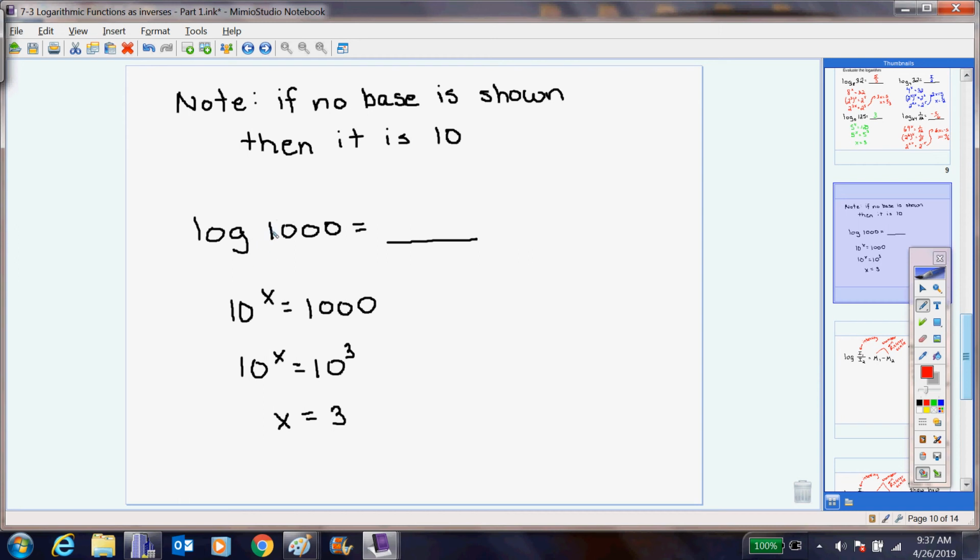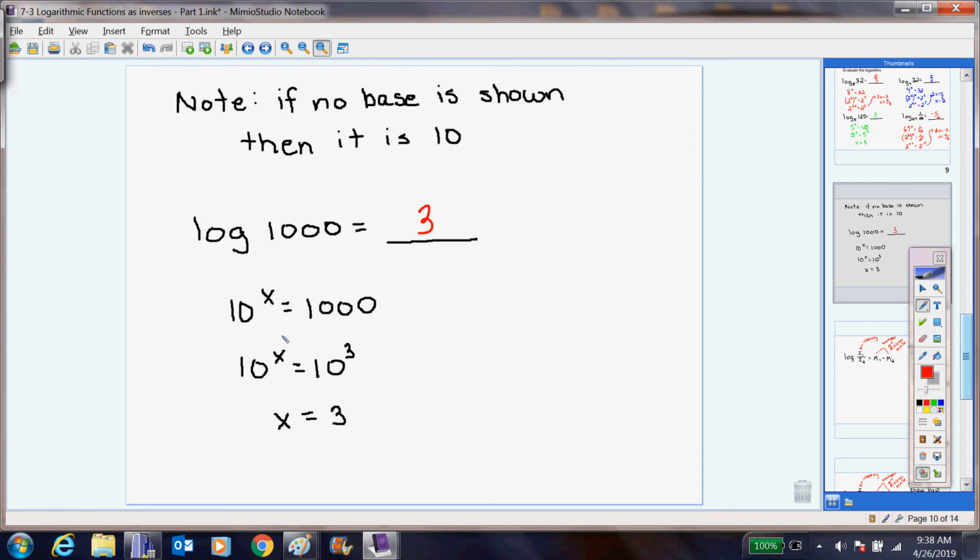It's kind of like a square root where the little index is implied to be 2. If there's no base, then the base is implied to be 10. So the answer to this one turns out to be 3, simply because 10 to the 3rd power is 1,000.